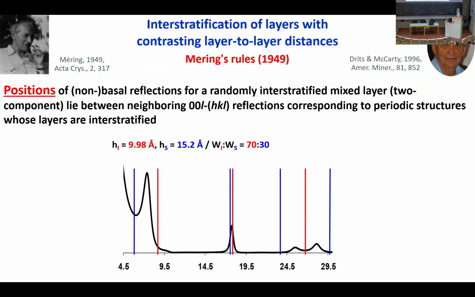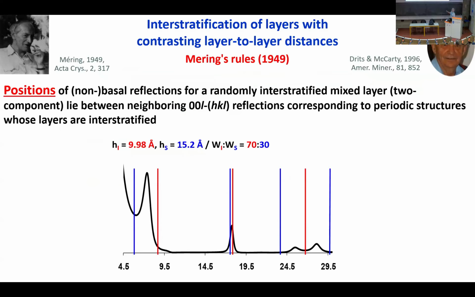If you have a random interstratification, which means that you have a random alternation of these different layer types, you will have peak positions somewhere in between reflections corresponding to periodic blue and periodic red components. And you can see that you have always the peak position of the mixed layer.